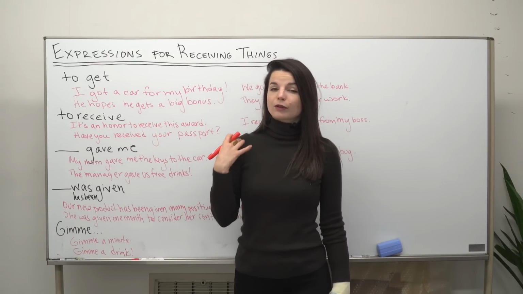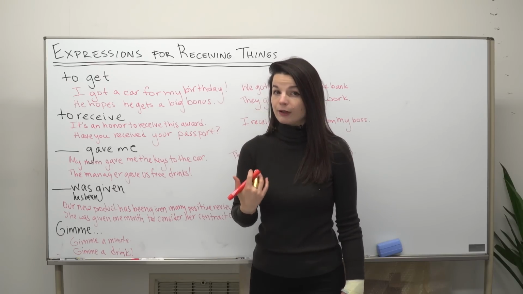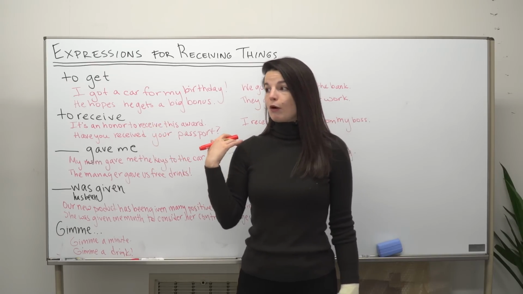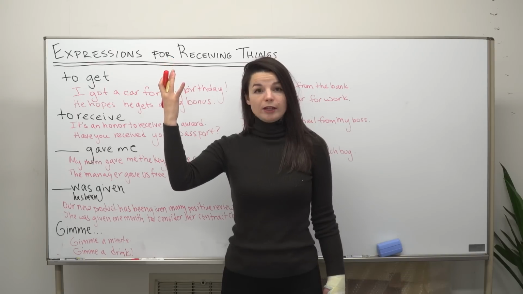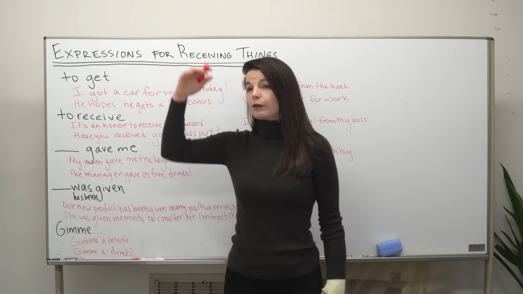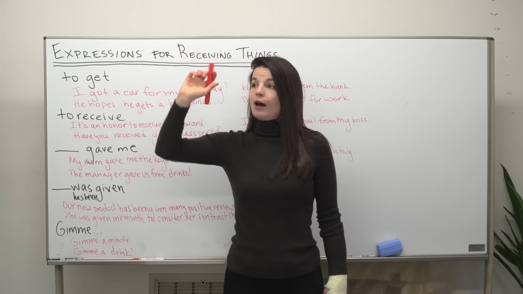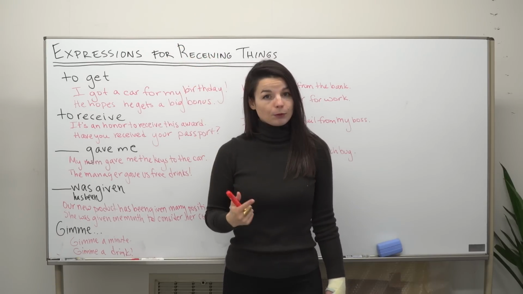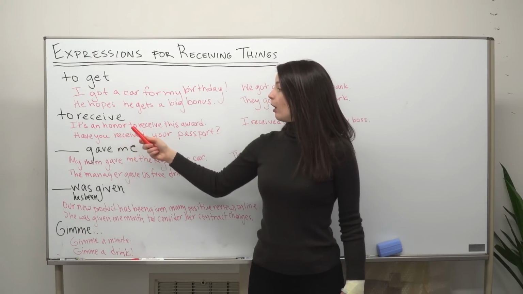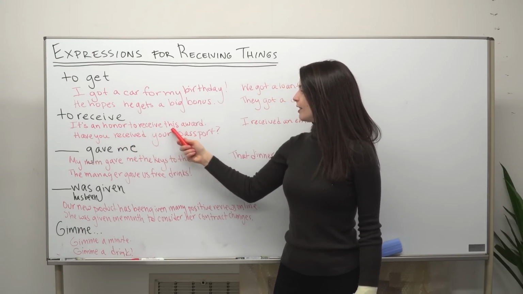So I've used the verb receive a few times already today, but like I said, receive sounds like a more formal situation. So we use it for maybe business or honorable situations, or maybe for rules or paperwork, for example. Let's take a look. Here, it's an honor to receive this award.